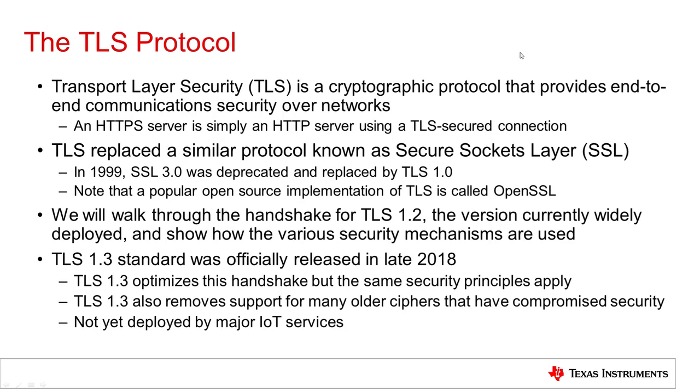And if you reviewed some of the earlier modules in this class, you'll notice that we specifically talked about ciphers that would be used in TLS 1.3 going forward. However, TLS 1.3 hasn't even been deployed yet by major IoT services, so we believe discussing TLS 1.2 in more detail is the preferred option at this time.